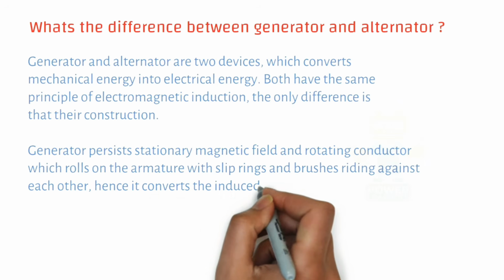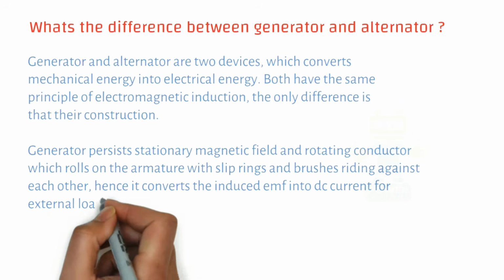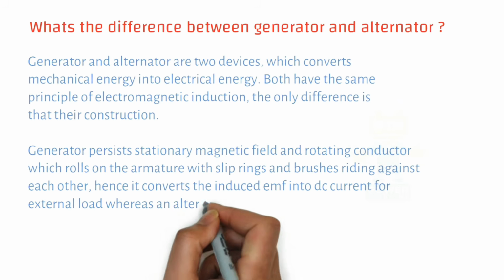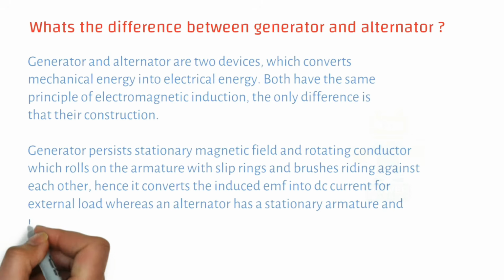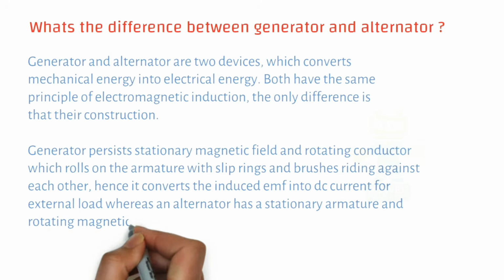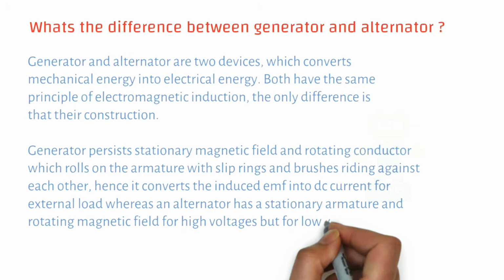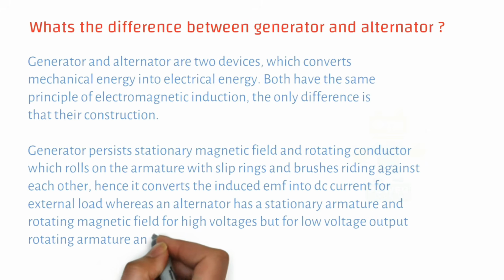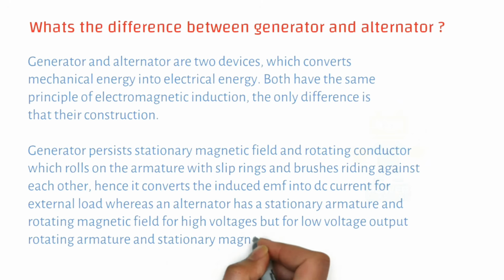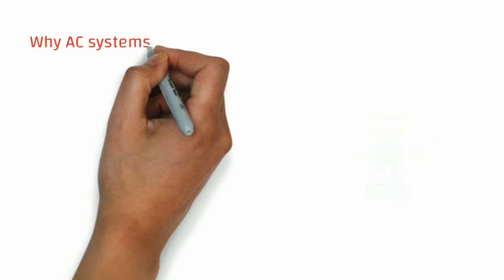So in a generator we are using slip rings and brushes riding against each other, hence it converts the induced EMF into DC current for the external load, whereas an alternator has a stationary armature and rotating magnetic field for high voltages. But for low voltage output, a rotating armature and stationary magnetic field is used. So you understand the difference between generator and alternator.